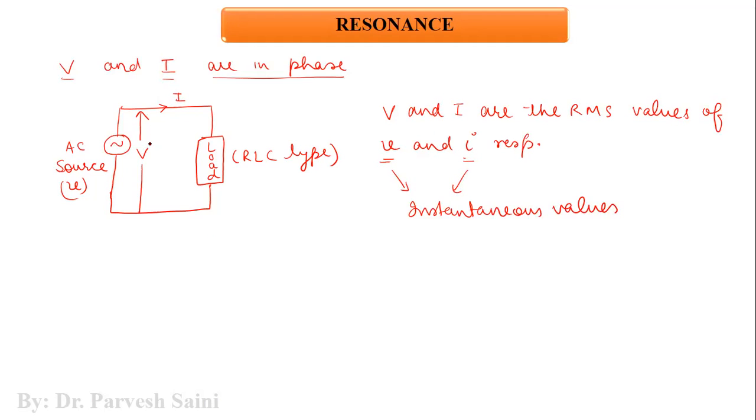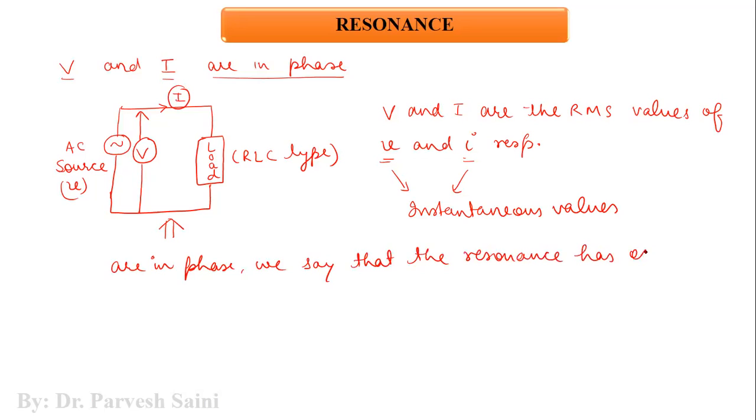Now, when these two parameters, that is the voltage and the current of this particular circuit, are in phase, we say that resonance has occurred in the electric AC circuits.